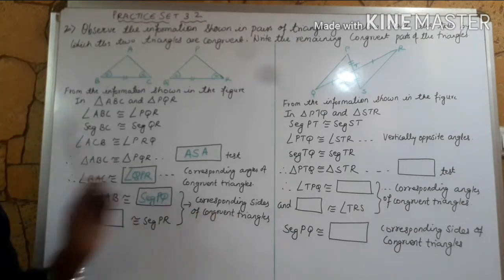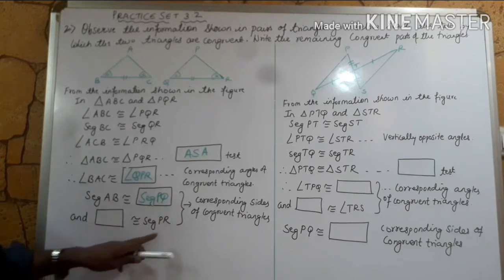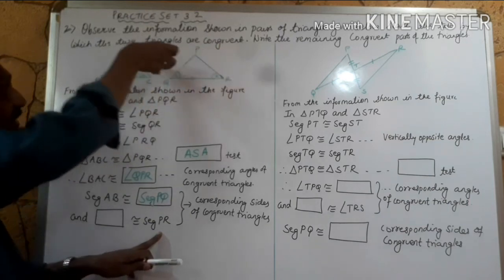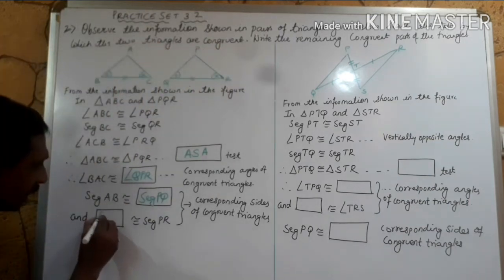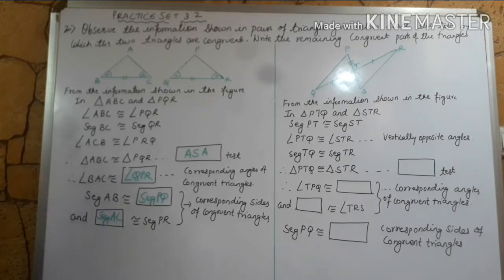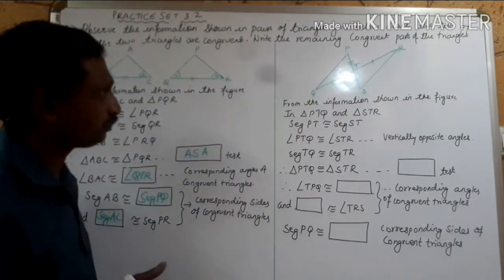Why? Corresponding sides of congruent triangles. And what will be congruent to segment PR? Segment AC. Segment AC congruent to segment PR.